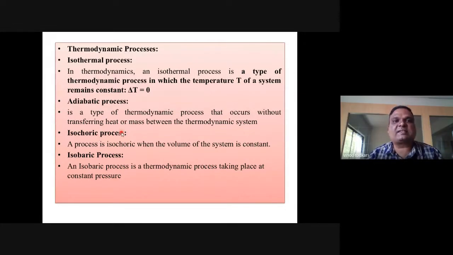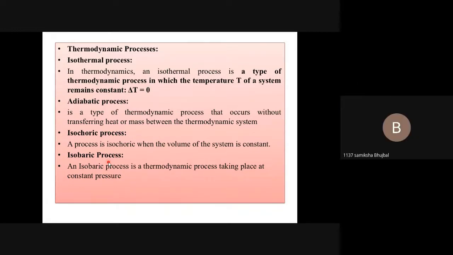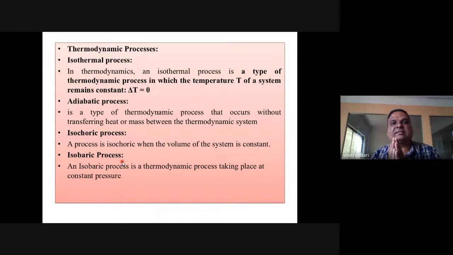If during the process the volume of the system remains constant, we say that it is an isochoric process, right? And what is an isobaric process? Pressure is constant. Yes, if the pressure during the process remains constant, we say that it is isobaric. See, isobaric means constant pressure. Bar is the unit of pressure. Iso means same or constant. Constant pressure, isobaric. Constant volume, isochoric.